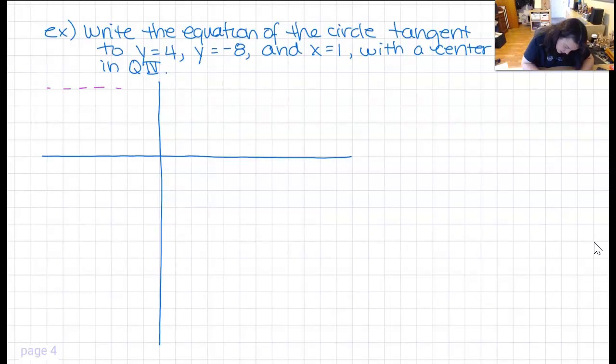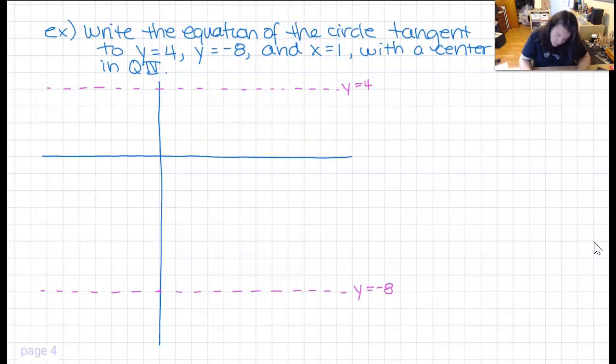So it's this line right there. y equals negative 8 is a horizontal line that goes through negative 8 on the y-axis. All the points have a y-coordinate of negative 8. x equals 1 is vertical, and it goes through the x-axis at 1. And that's all we got.